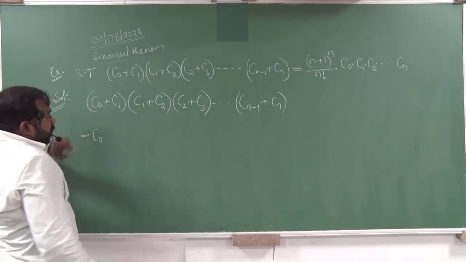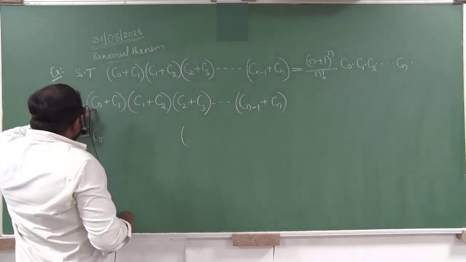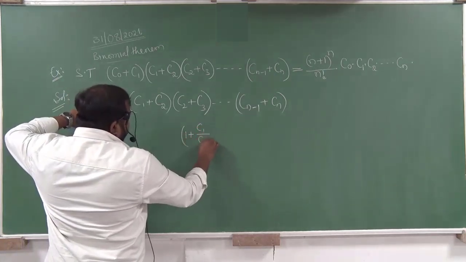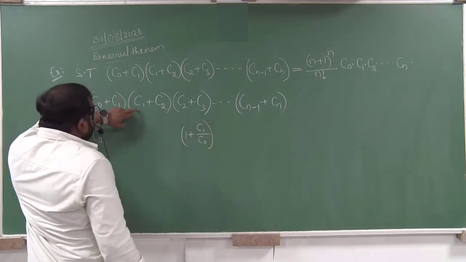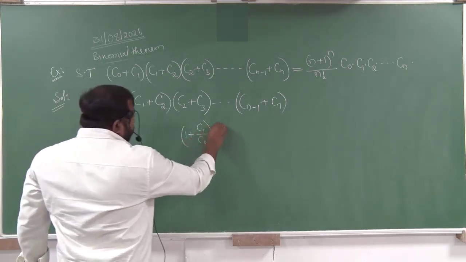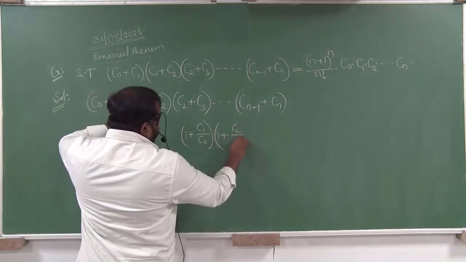If I take C0 common, I get 1 plus C1 by C0. Here I can take C1 common, and I get 1 plus C2 by C1.